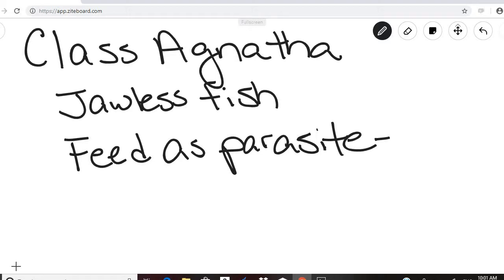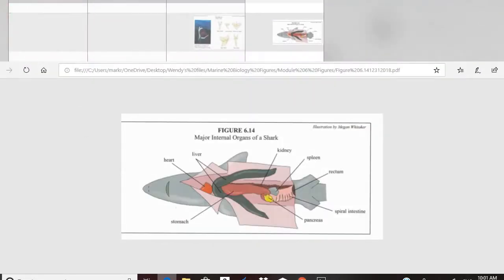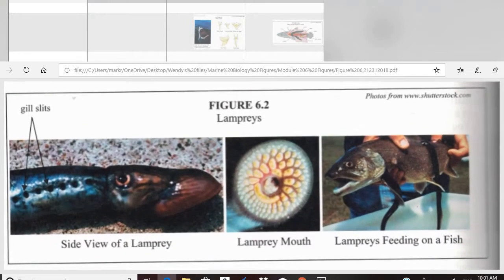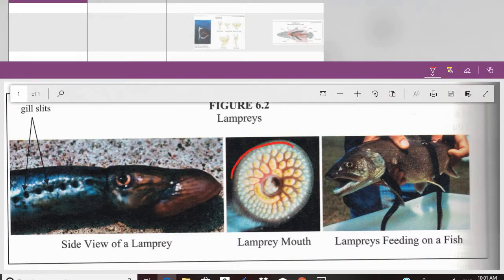So let me show you a picture of this. This is a lamprey. The lamprey is a common member of the class Agnatha. I want you to see they have these rows of teeth that act like a sucker-like mouth that they use to attach to their prey using suction.